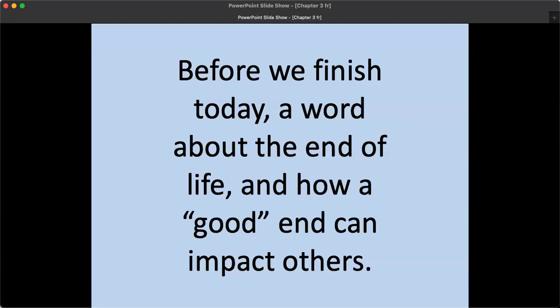Nobody's really going to say, well, that was a really good death. I don't even know what that means, honestly. But to die in a way where the people who loved that person can walk away and say, I feel like they were peaceful at the end, or as peaceful as they could have been, is really good for those people who are left behind to move on with their own lives.